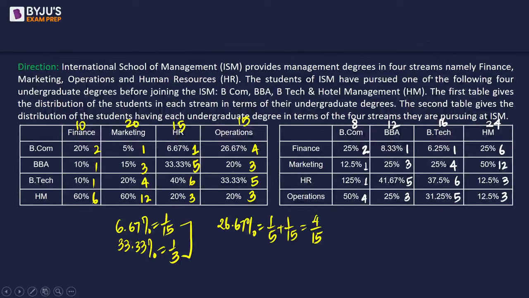So BBA and marketing, it says there are 30 students. This is the 30 part they are saying, right? We have the same numbers here.